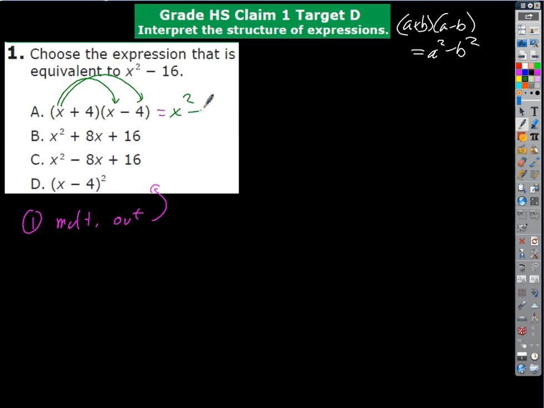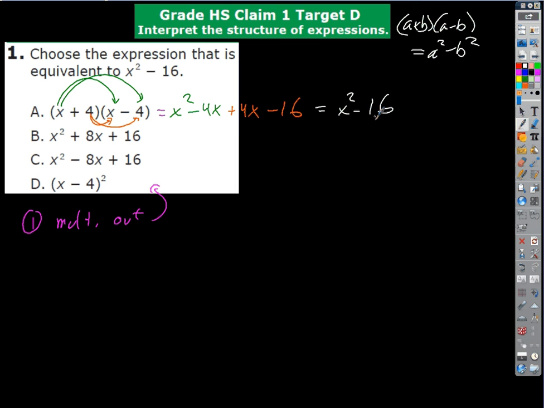X times negative 4 is negative 4x. 4 times x is plus 4x. And 4 times negative 4 is negative 16. Well, those terms cancel. And I get x squared minus 16. So that's right. Okay. Does that make sense?